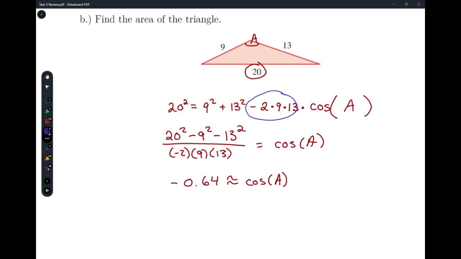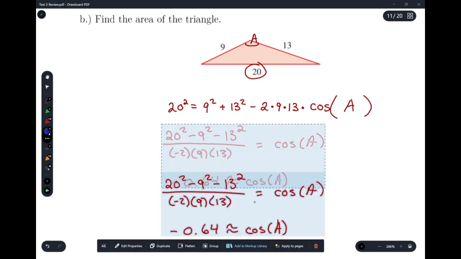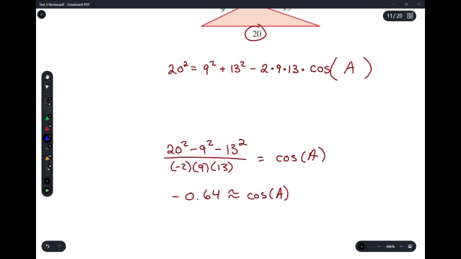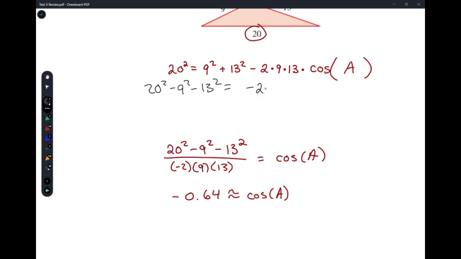Because you move the other one to the other side, put a negative there. I first did 20 squared minus 9 squared minus 13 squared equals negative 2 times 9 times 13 times cosine. And then how do you get cosine of A by itself? To be fair, you should have combined all the numbers first with the calculator if you're on calculator section anyways. But sometimes it's fun to do the math.